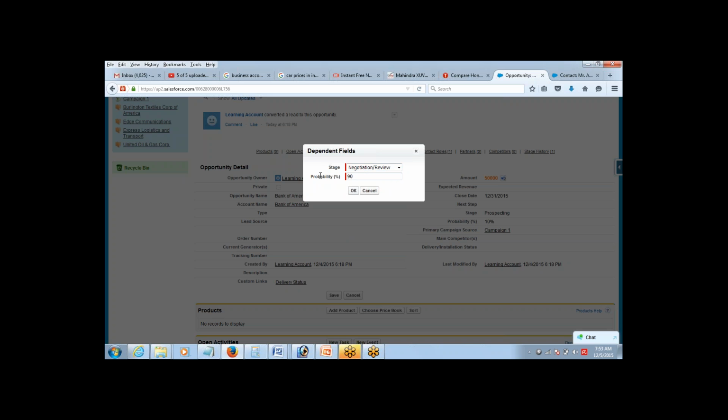So you can define your own stages depending on your business, the process that your business follows, and the probability based on your understanding. Now, this is a generic number which is given. So you can put your own probabilities there. All right. So based on your experience, any business which comes into negotiation and review usually gets converted.